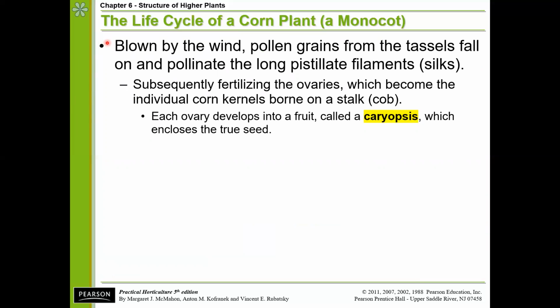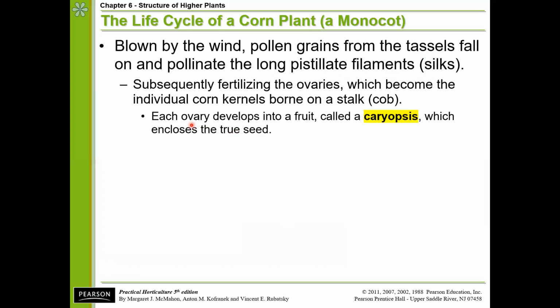It is wind pollinated, just like all the other grasses. As any of you that have grown corn know, you have to plant it in blocks, where you have lots of rows next to each other, so that wind can blow the pollen grains from the tassels to the pistils, to the silks, in order to make that full ear of corn.